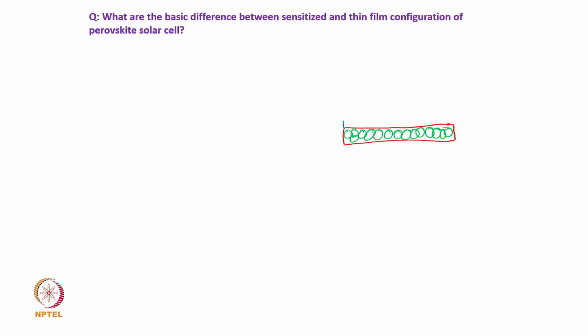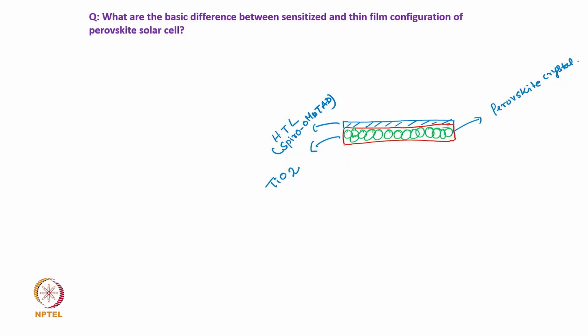And then here, these are perovskite crystals, this is TiO2, actually perovskite crystal embedded in TiO2, and then on top of this we have a hole transport layer, HTL, and generally the hole transport layer which is used in this solar cell is spiro-OMeTAD. Okay.